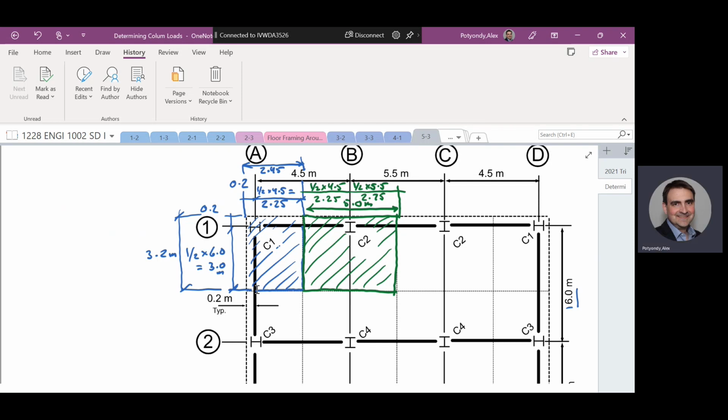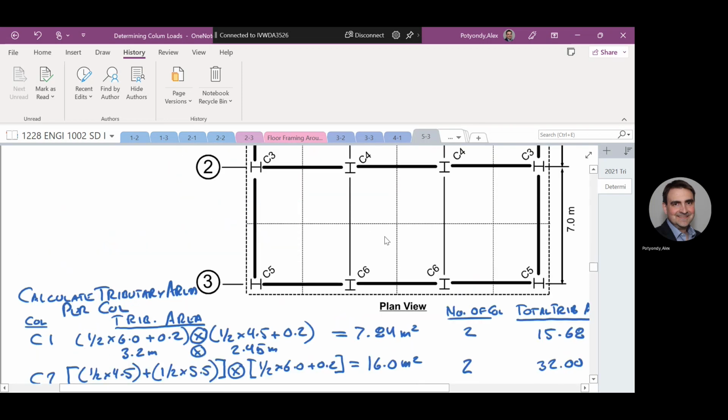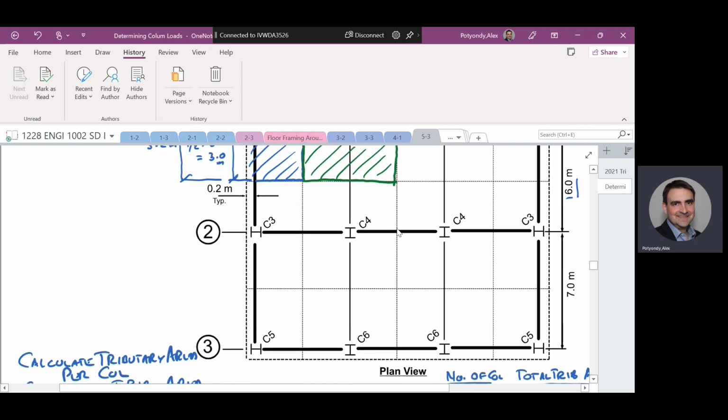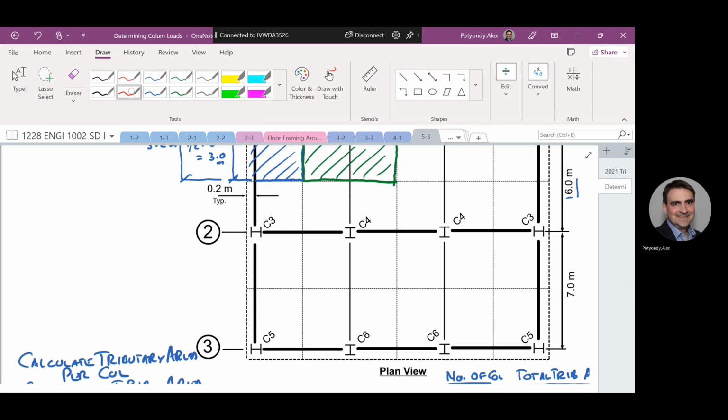Now we want to move on to the next one, which is C3. Note that once we have this one, we don't have to worry anything on this side. So for C3, I'm going to use red. And C3 is very similar to C2. It's an edge column. Okay. And my dimension here, this dimension here, is going to be 1/2 times 6 plus 1/2 times 7.